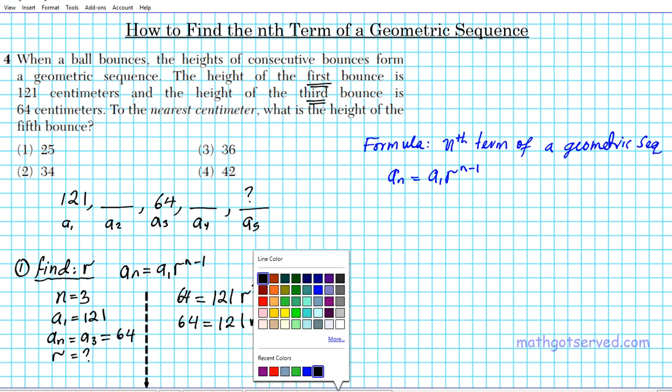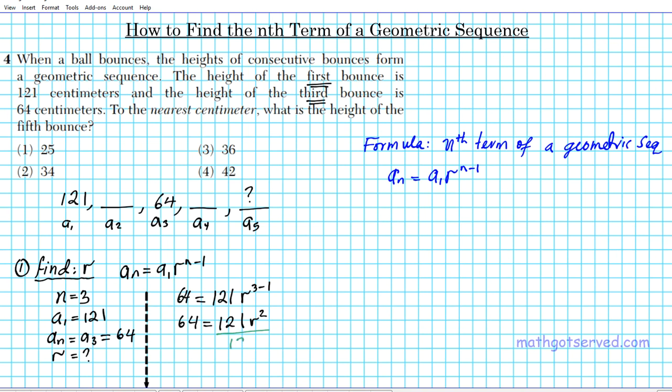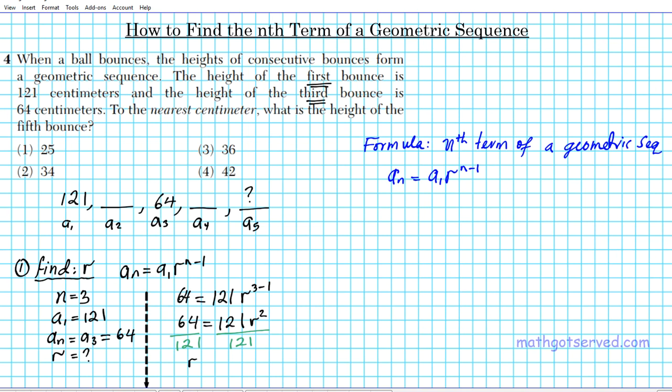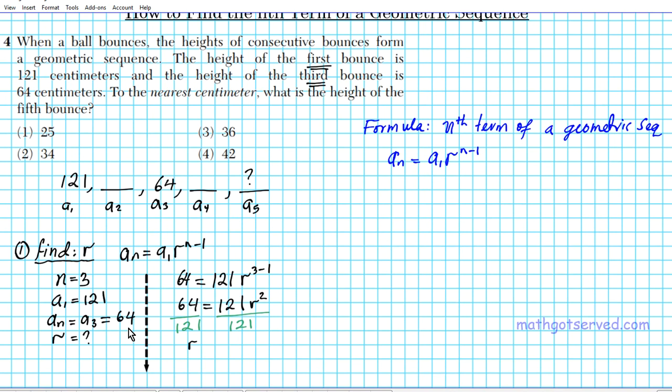Now we're going to divide both sides by 121. What does that yield? We have r squared is equal to 64 over 121.